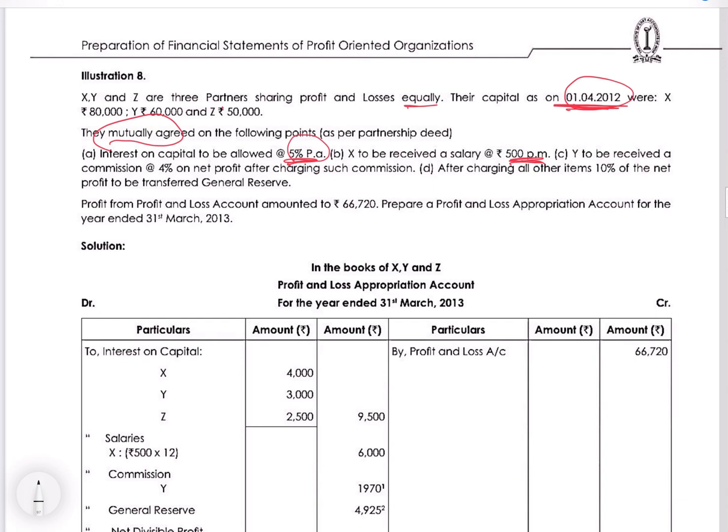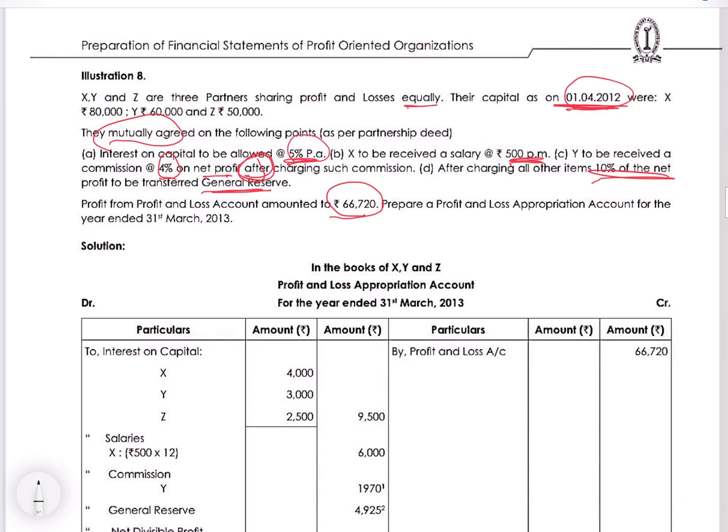Y to receive a commission of 4% on net profit after charging such commission. After charging all other items, 10% of the net profit to be transferred to general reserve. Profit from the P&L account amounted to 66,720. Prepare a P&L appropriation account for the year ended 31st March 2013.